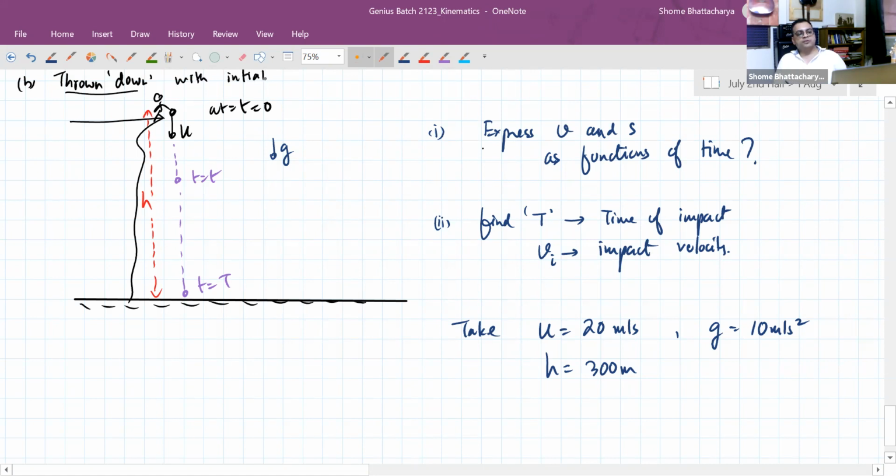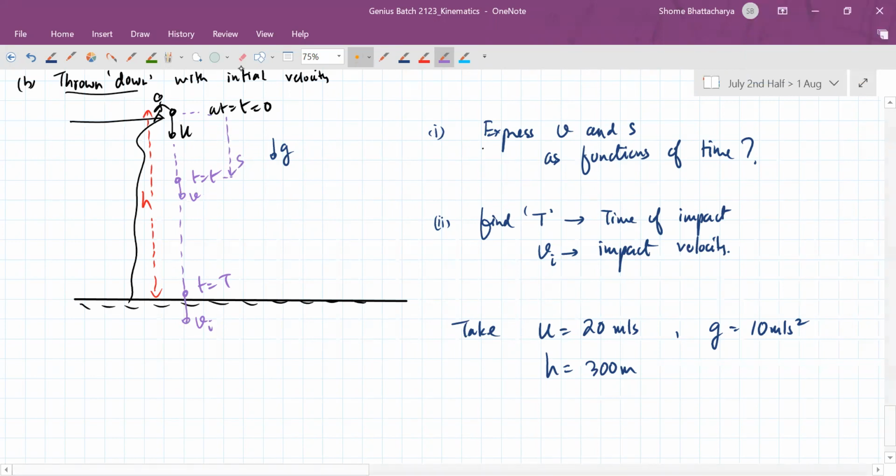The last case was when it was just dropped from rest. We'll do one more thing. We'll also plot the rough graph.